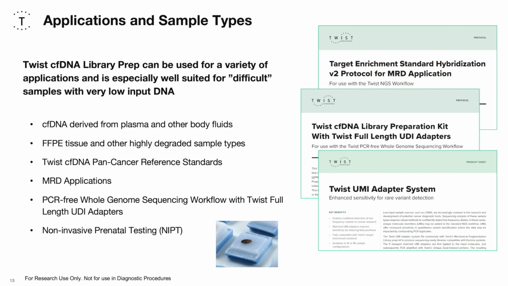Our solutions support critical applications such as early cancer detection, MRD, PCR-free whole genome sequencing with our full-length UDI adapters, as well as non-invasive prenatal testing. Our UMI adapter system specifically enhances sensitivity for rare variant detection, enabling confident distinction of low-frequency variants in cancer research by reducing false positives.